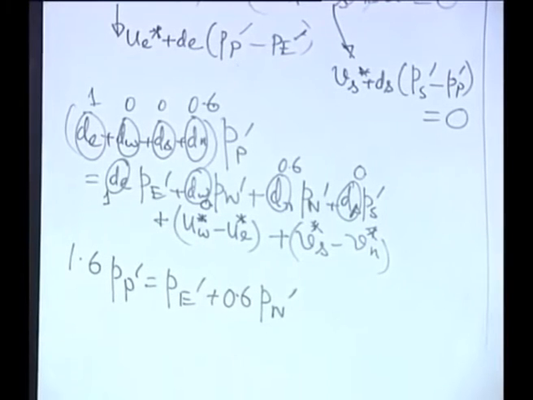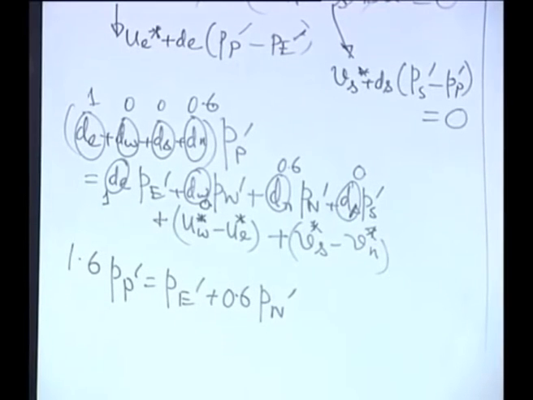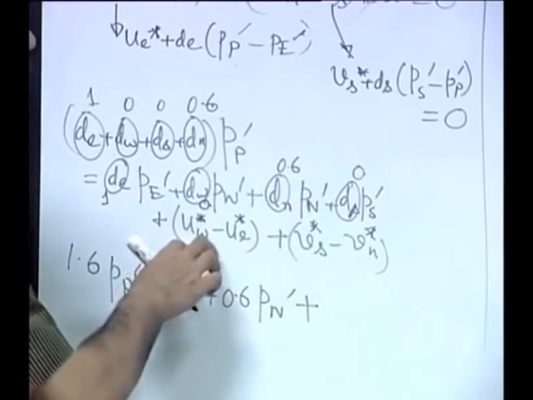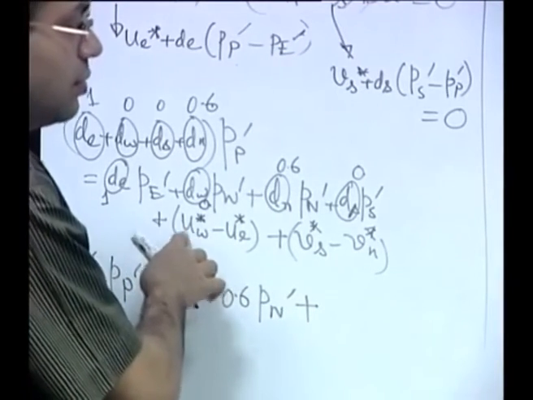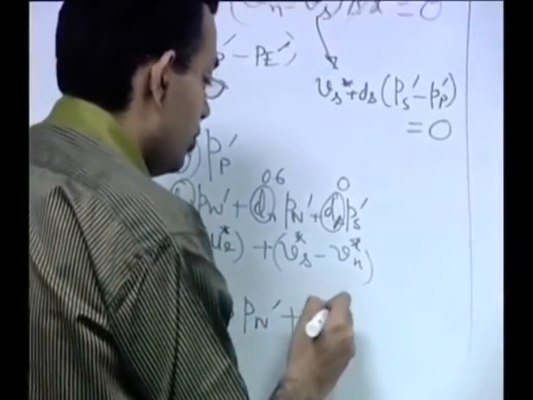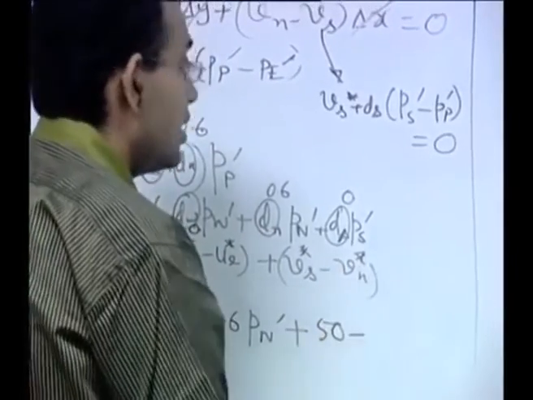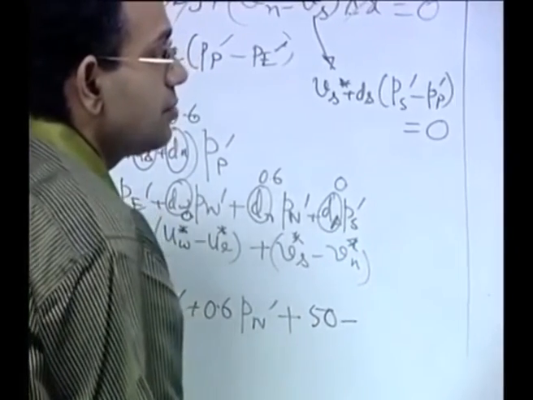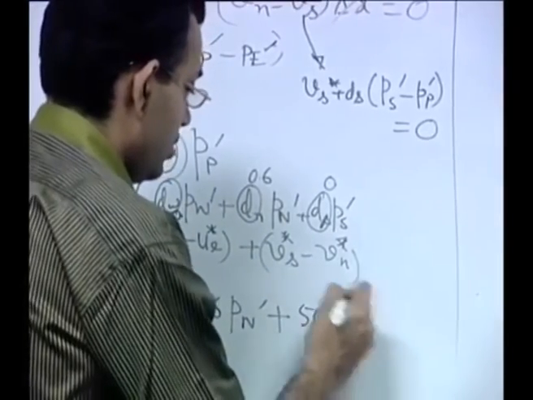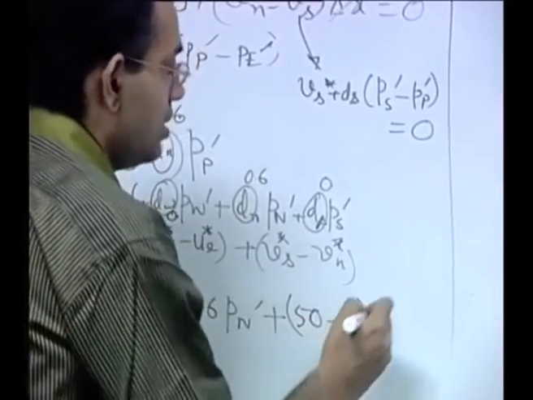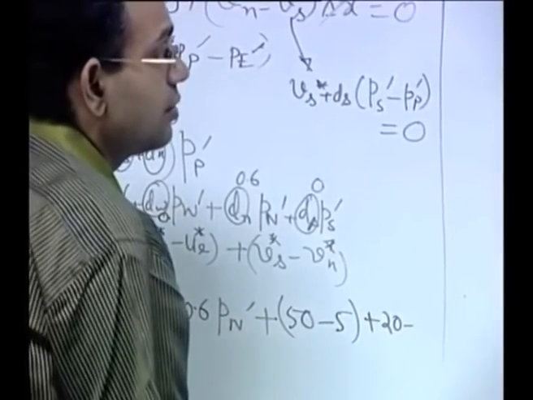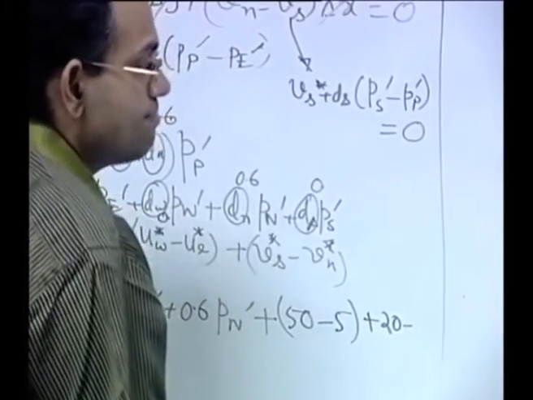plus Uw star. What is Uw star? Uw star is given, that is 50, minus what is Ue star? Ue star is 5, plus Vs star 20, minus Vn star, Vn star is 9.